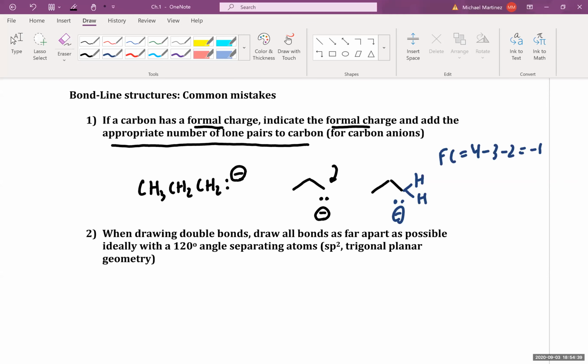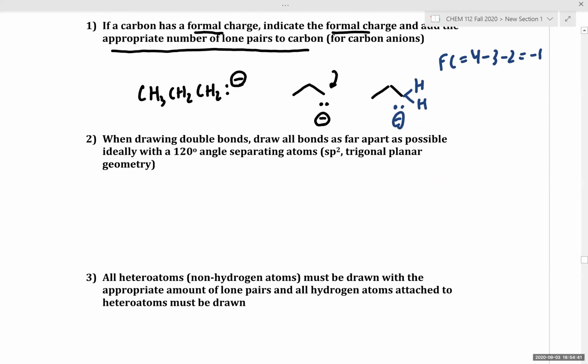The second case that you need to be aware of, when drawing double bonds, make sure to draw the bonds as far apart as possible with 120-degree angles. So for example, in this case, as we can see, our bond angles are trying to closely represent the 120-degree bond angles observed for sp2 or trigonal planar carbons.